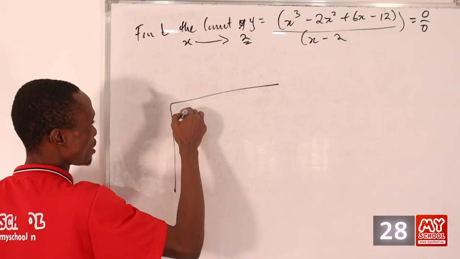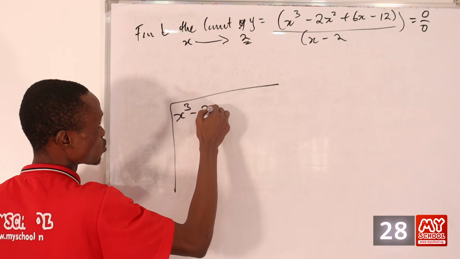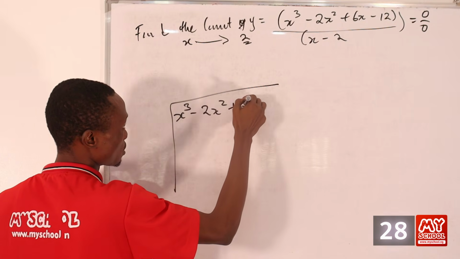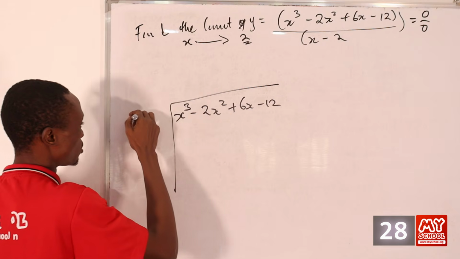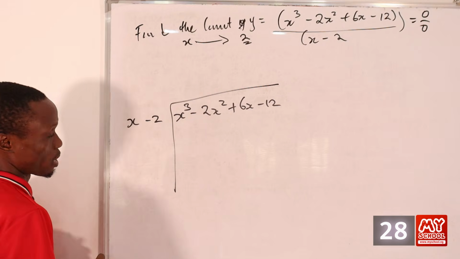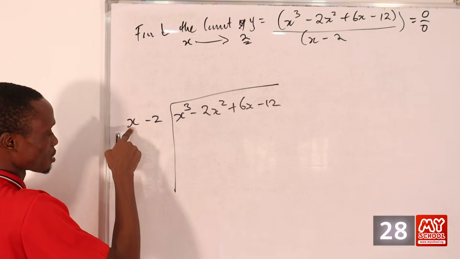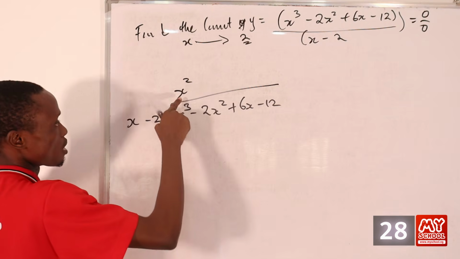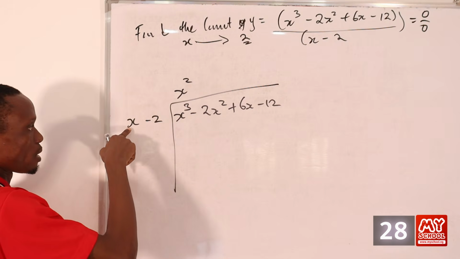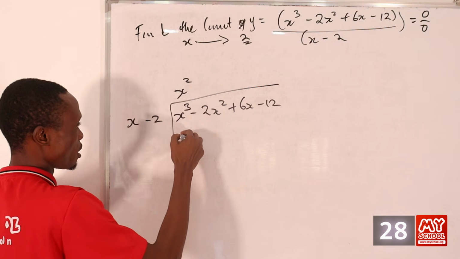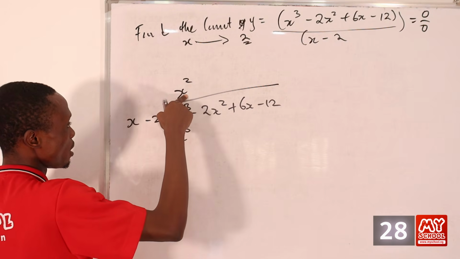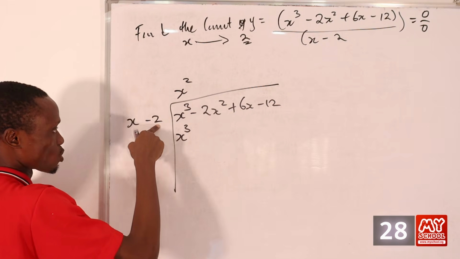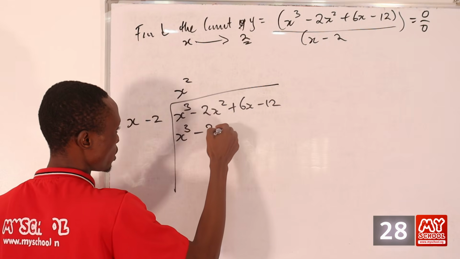So you'll have x raised to power 3 minus 2x squared plus 6x minus 12, then we divide by x minus 2. We use x to divide x cubed, and that gives us x squared. Now we use this x squared to multiply x, giving x cubed, then multiply minus 2, giving minus 2x squared.